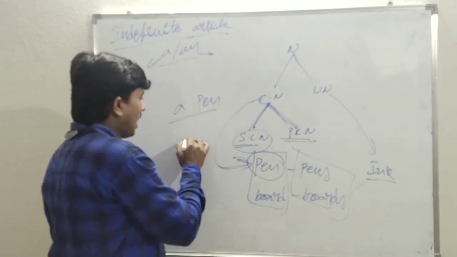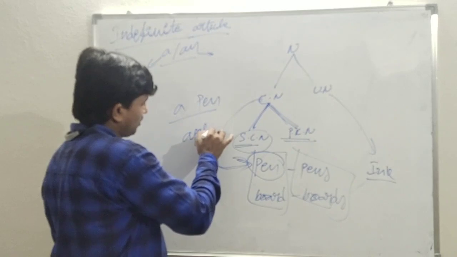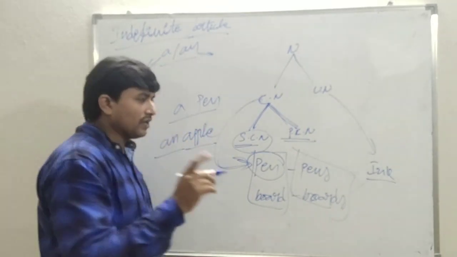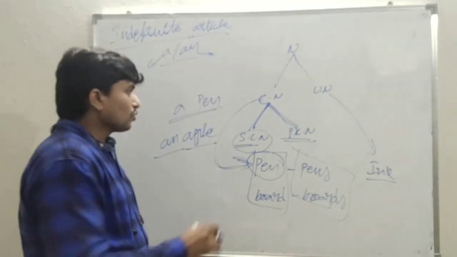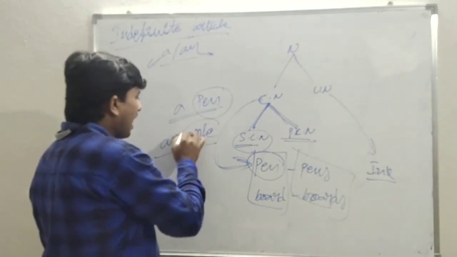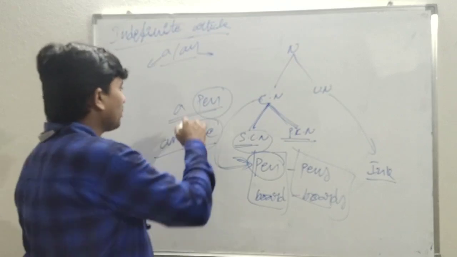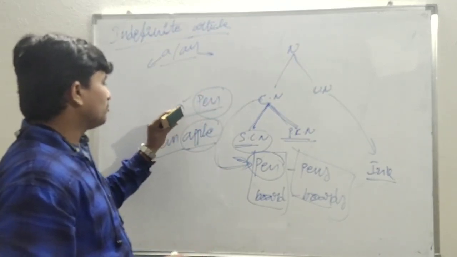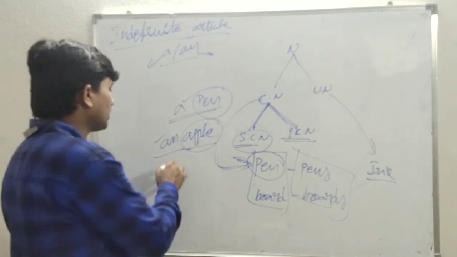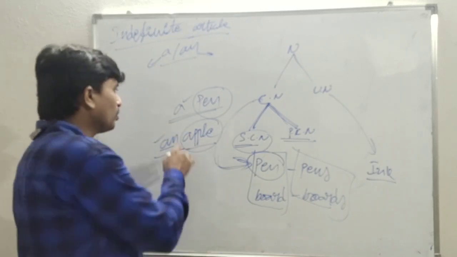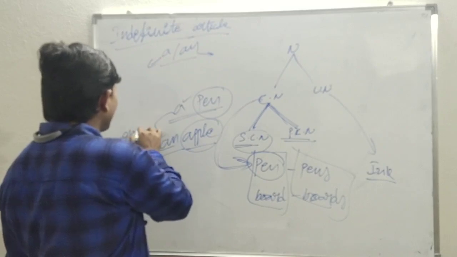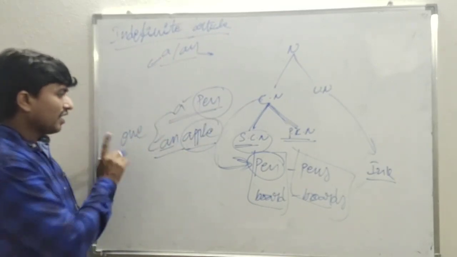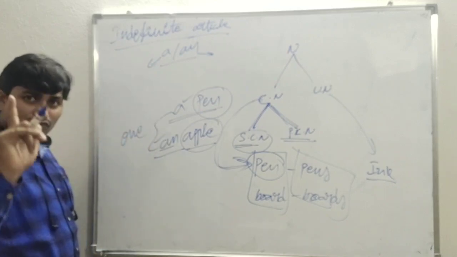Is it right or not? Apple: an apple. So I have an apple, I have a pen. Here pen is a singular countable noun, and apple is also a singular countable noun. So we have used a here and an here. Then you will come to know why we have used a in front of pen and an in front of apple. But anyhow, both mean one. I have a pen, so I have one pen. I have an apple, I have one apple.